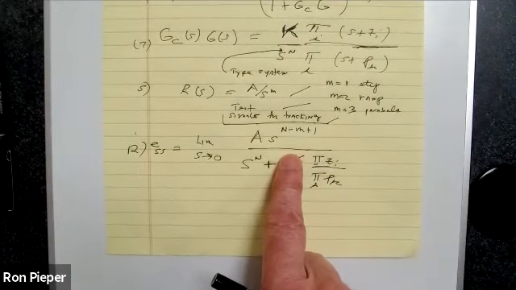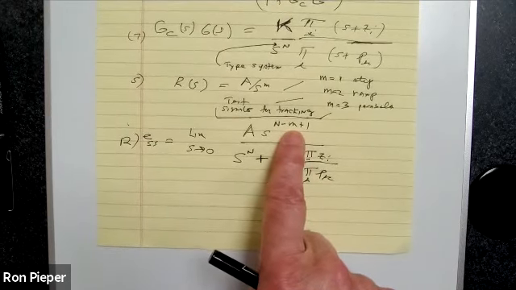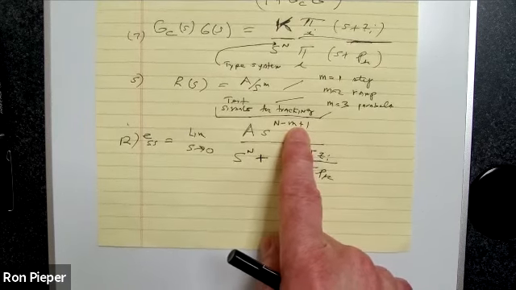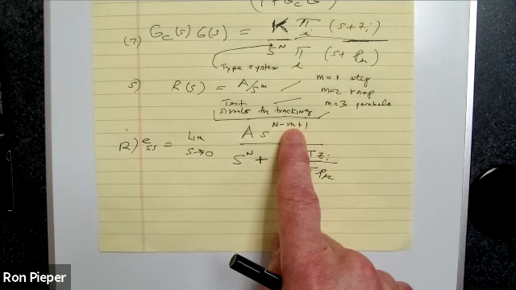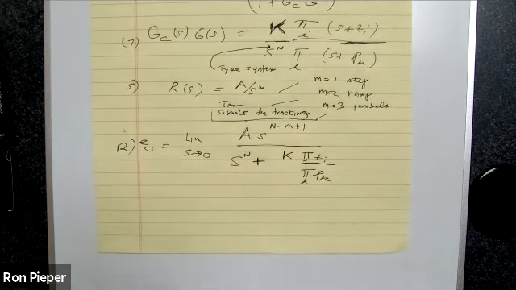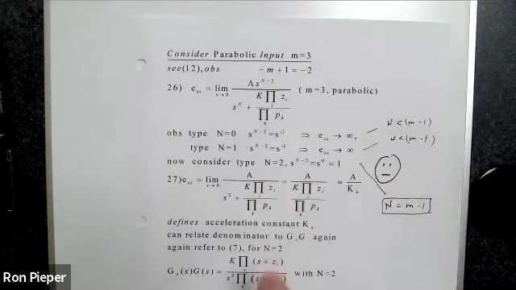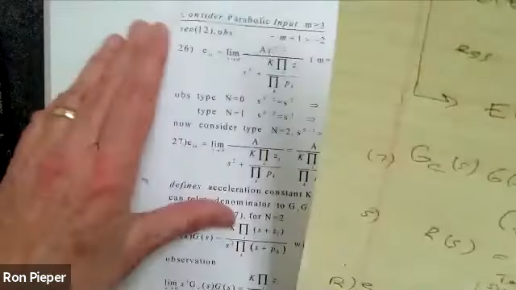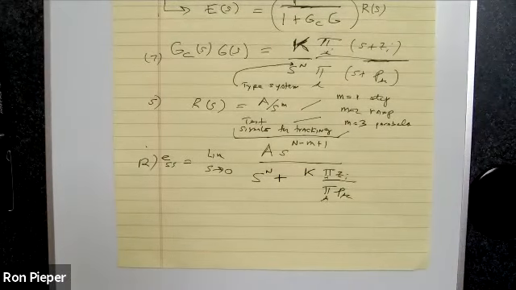For the parabola input, what do we need to set m equal to? 3. Okay, so set it equal to 3. We see we got a minus m plus 1. If you check the arithmetic, if m is 3, then that would be a minus 2. So we replace that part in the formula up here at the top with a minus 2, and then we're ready to go with the different types.